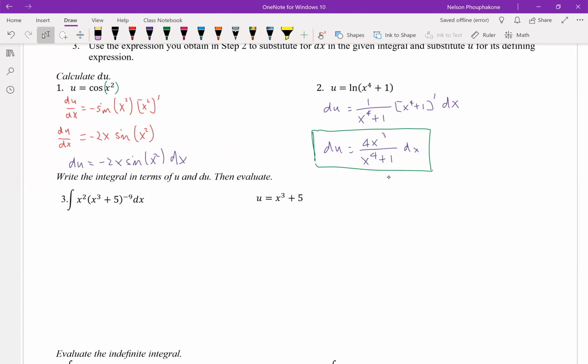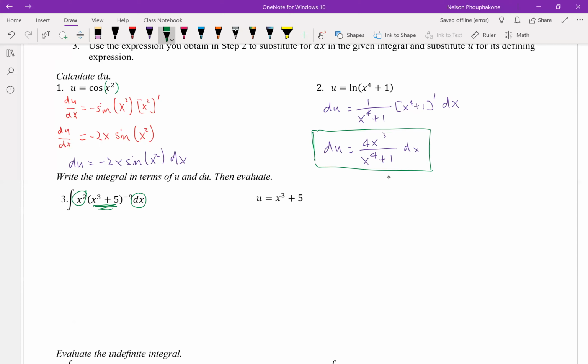Now to this problem, I would like to take the integral of x squared times (x to the power 3 plus 5) raised to the power of negative 9 dx. You will see that in this case, we know that the derivative of x to the power 3 is 3x squared, which is related to something like this.